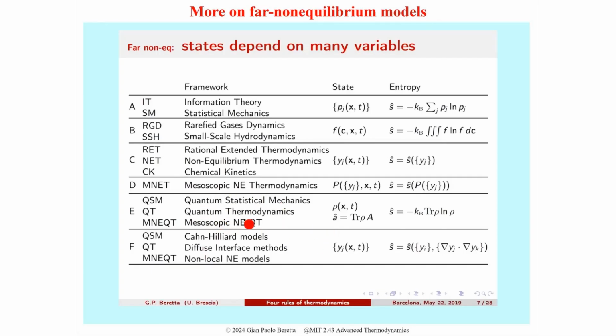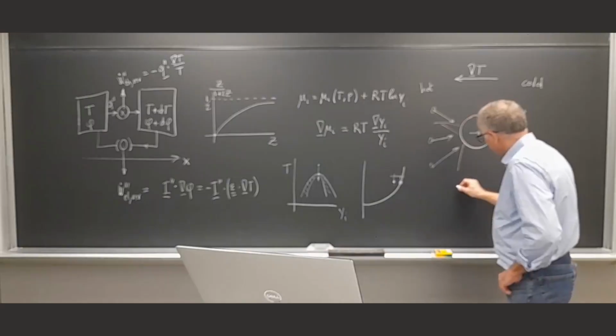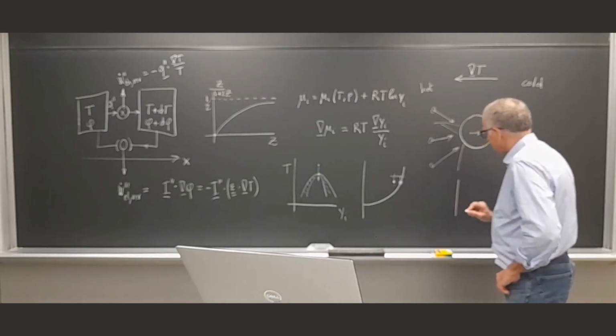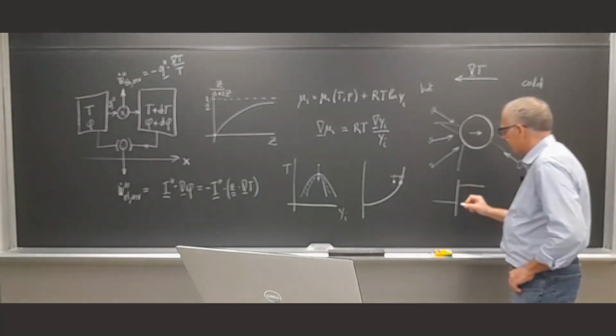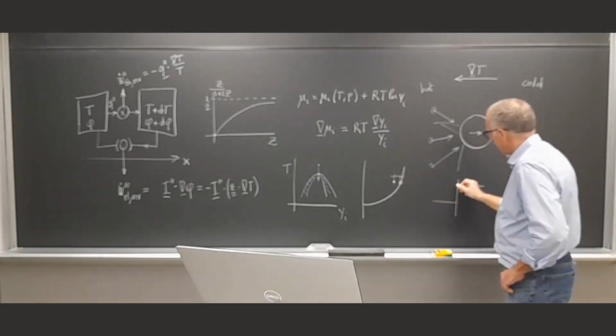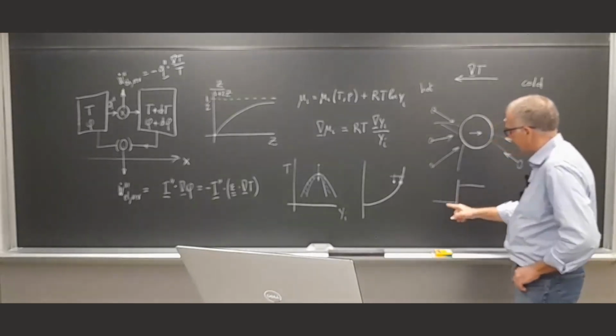We talked already about that. And there are also diffuse interface methods, where, if you have two phases, you could consider them as sharp, like, for example, liquid and vapor.